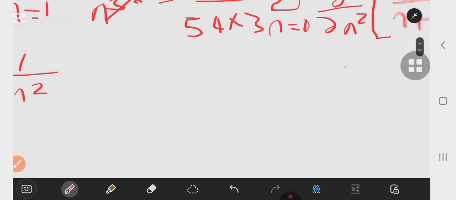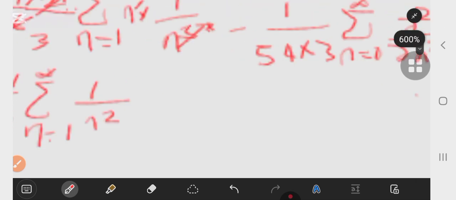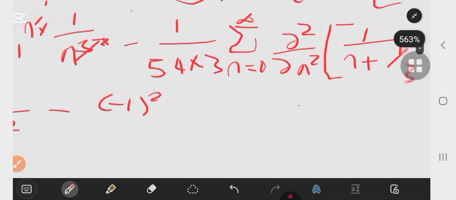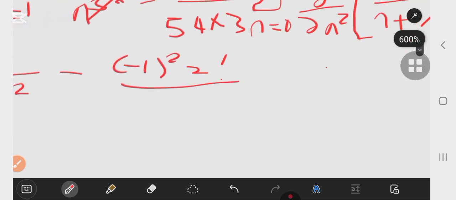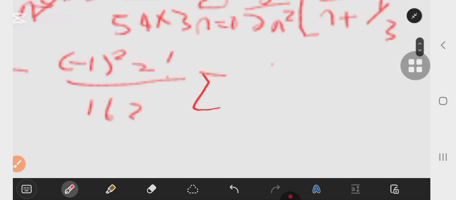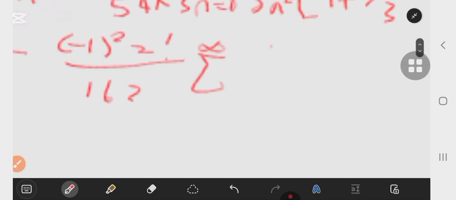Then this other part I have minus, now 54 times 3 is 162, so I have minus 1 squared, because it is still the second derivative, times 2 factorial all over 162, which is gonna multiply the sum to infinity of n from 0.